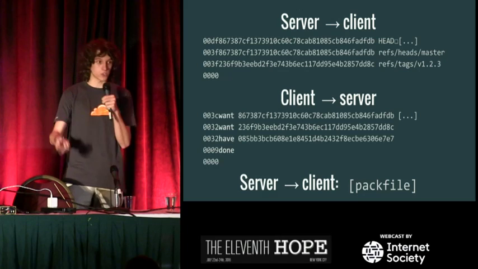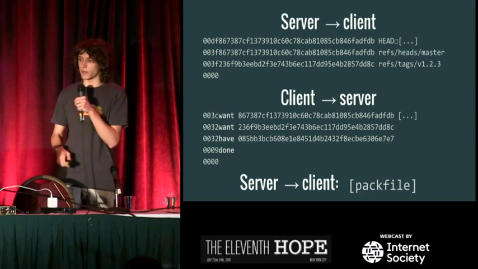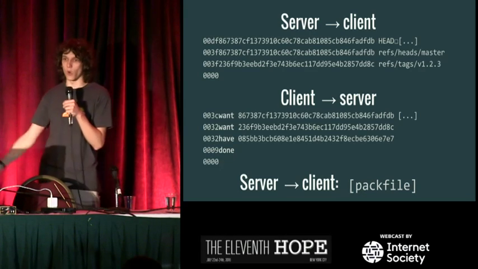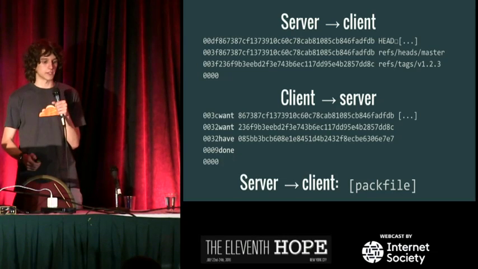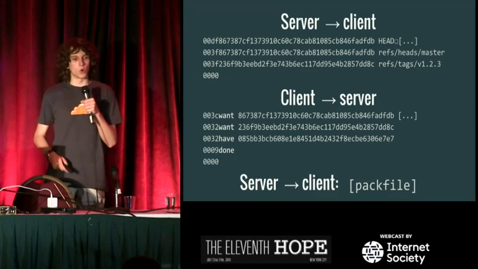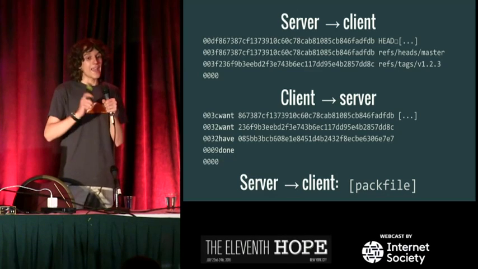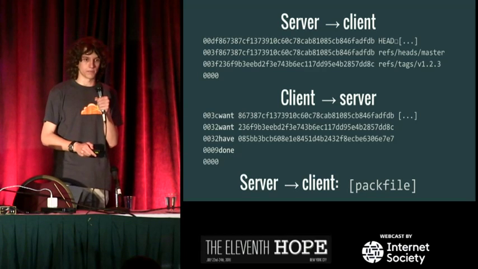Refs are like branches, tags, so everything that has a name. And it will tell you, for example, head is this commit, master is this commit, version 1 is this commit. And then the client replies to that by saying, interesting, so I want this commit, and this commit, and this commit. And I have this commit, and this commit, and this commit.